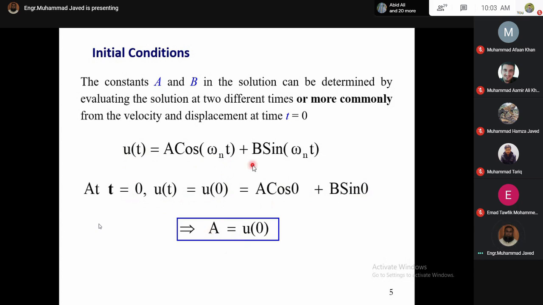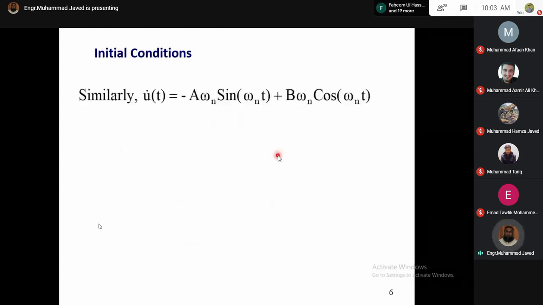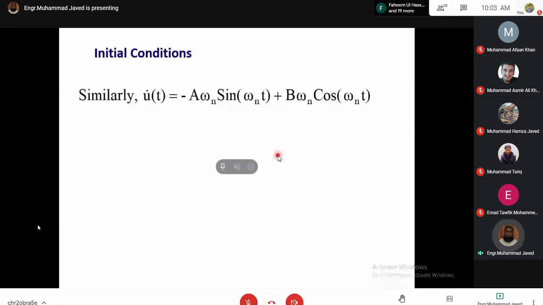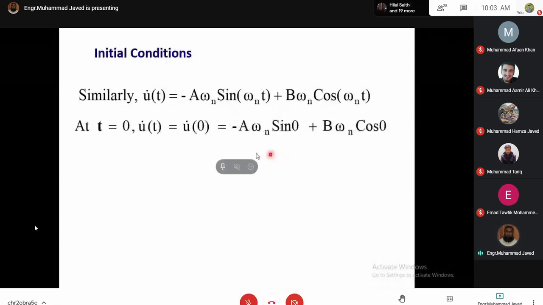So differentiate both sides with respect to t. ये वाली जो इक्वेशन है, you will get u dot of t is equal to minus a omega n sin omega n t plus b omega n cos omega n t. Again, if you consider the velocity at the start of free vibration, let the velocity at the start of free vibration be u dot of 0.